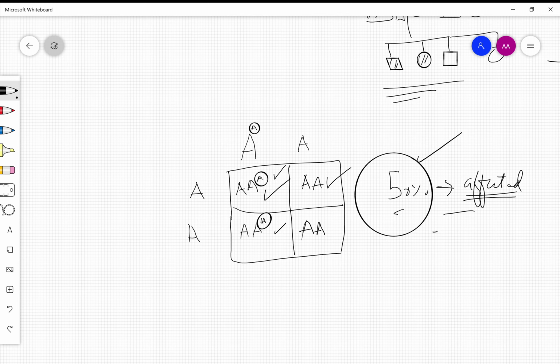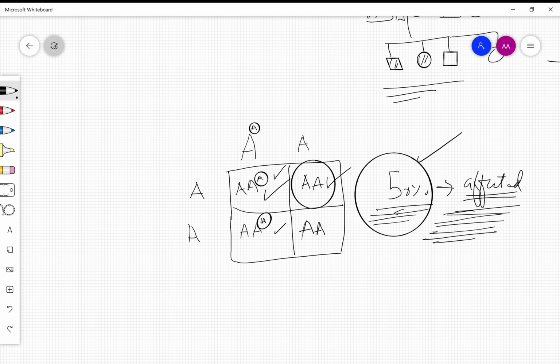So this is another feature of autosomal dominant inheritance, that if any parent is affected in a heterozygous condition, there is a 50% chance that the offspring will be affected, or a 50% chance that he or she will be normal.